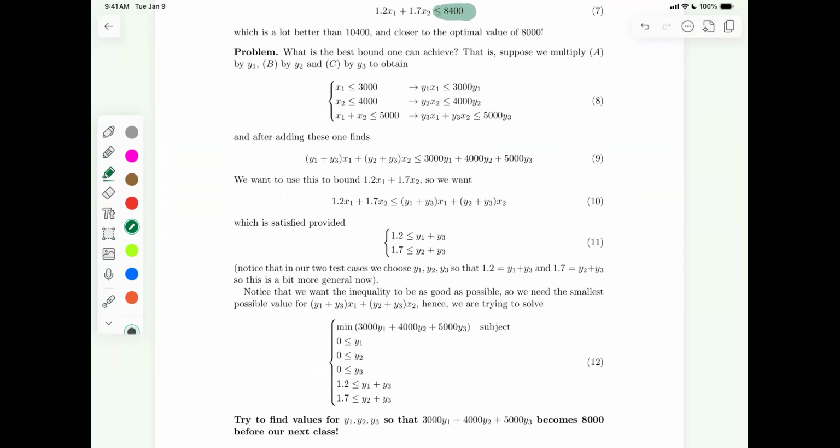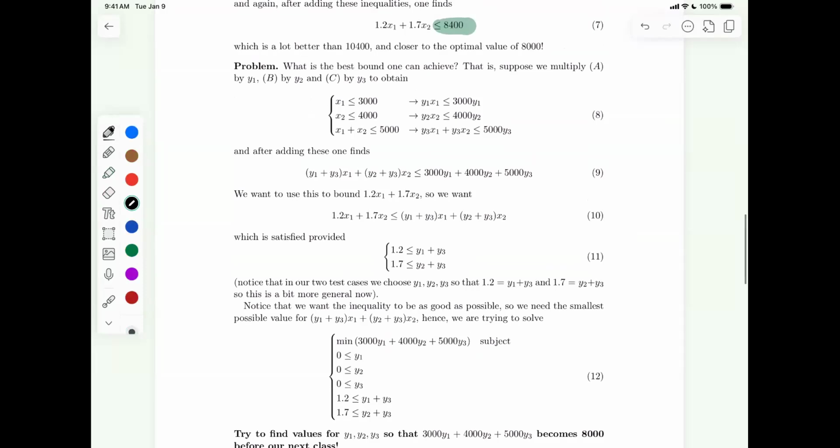But the idea of having this expression is to control the quantity that you want to maximize, right? Let me explain it this way.